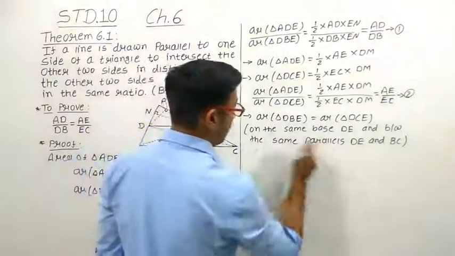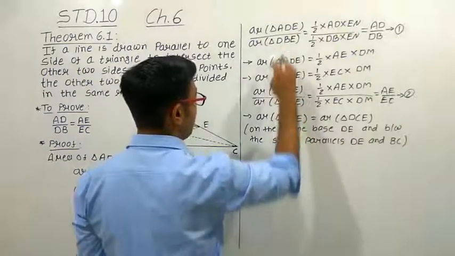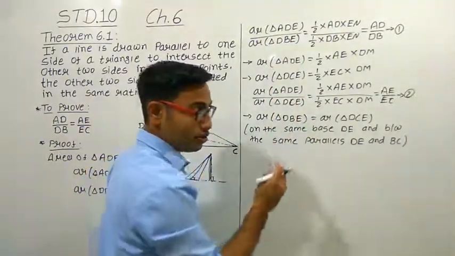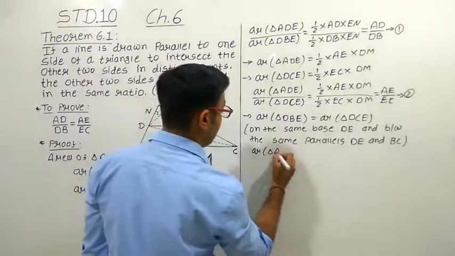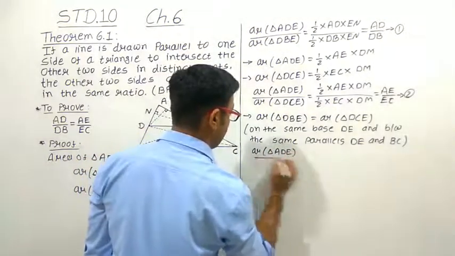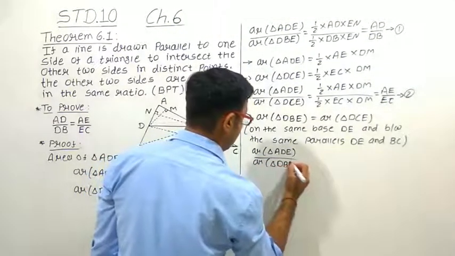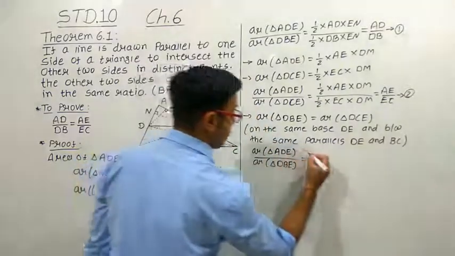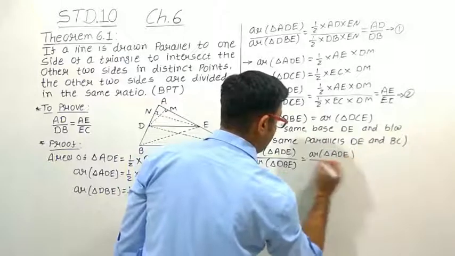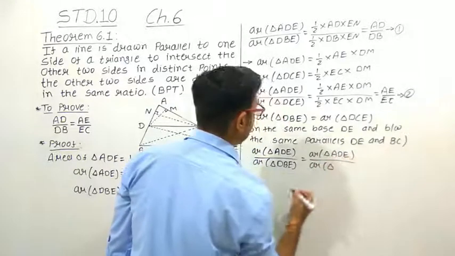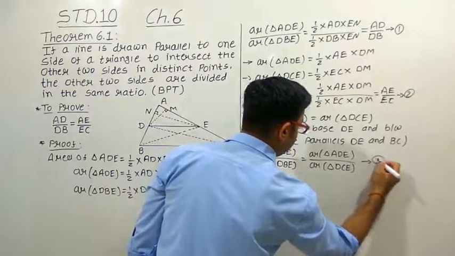Now you can see that if both these triangles have the same area, these two ratios are also equal. So here we can write area of triangle ADE upon area of triangle DBE is equal to this ratio, that is area of triangle ADE upon area of triangle DCE. Give it equation number 3.